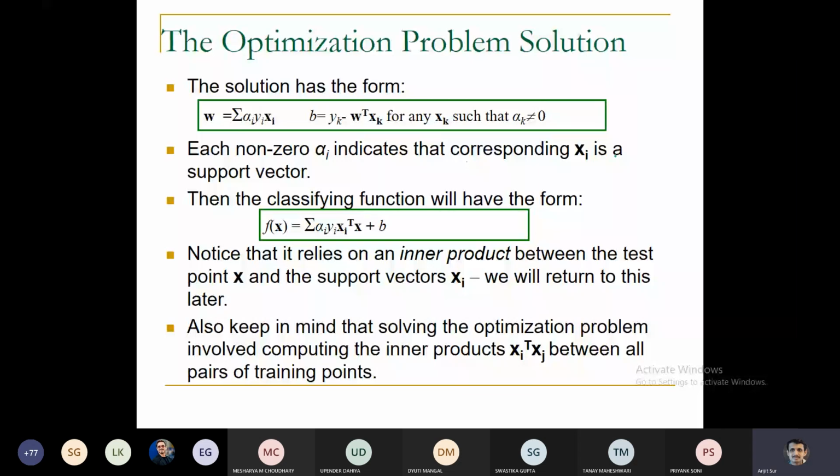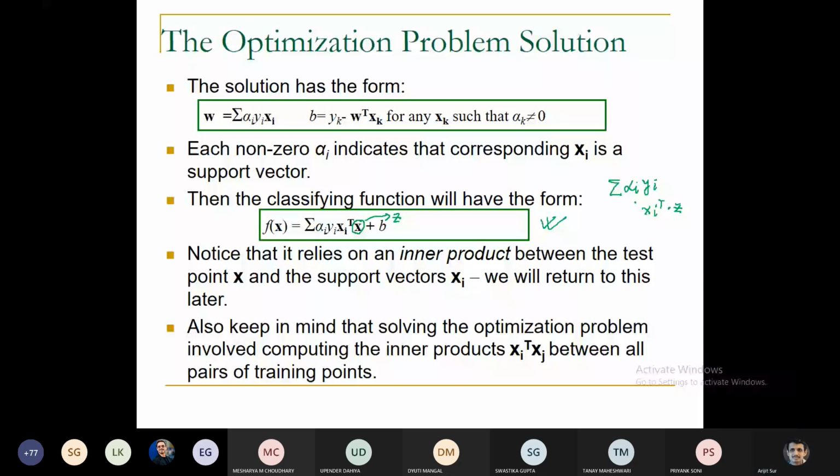The classifying function takes this form: if a new point z comes, we calculate the summation of alpha_i y_i times the dot product of x_i with z.